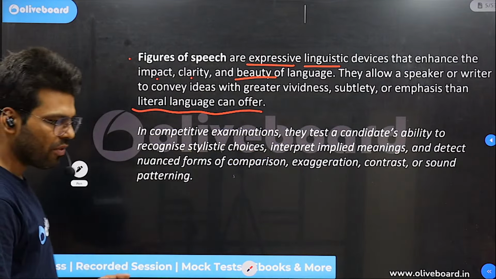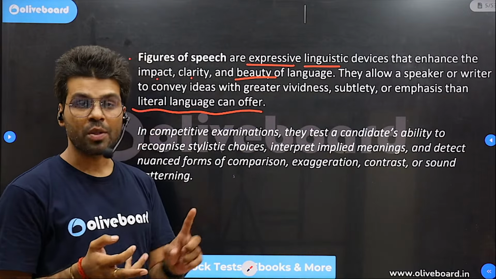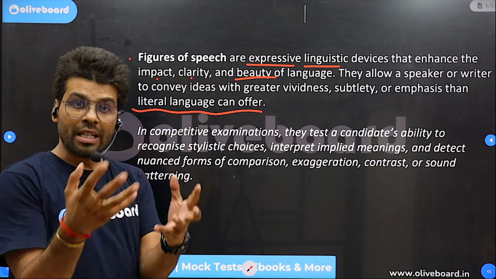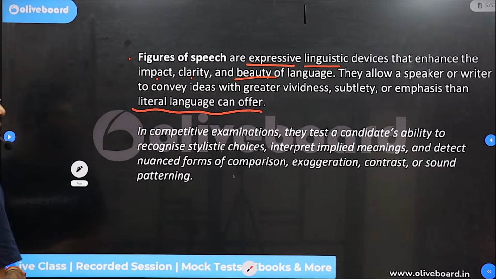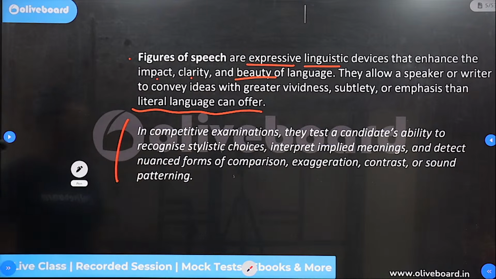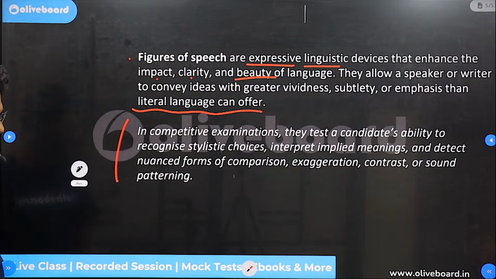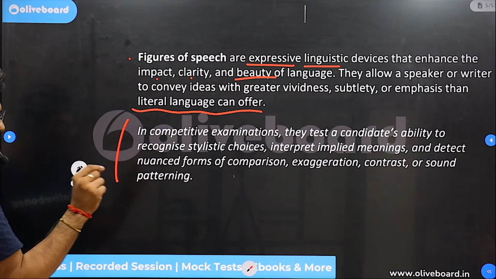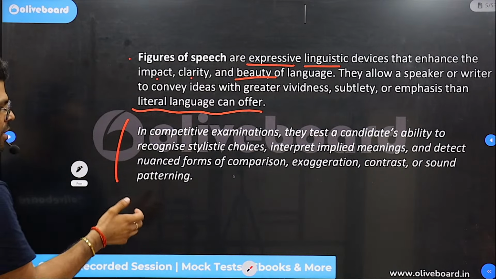I know you know many of these: simile, the first one; metaphor, the second one; personification; alliteration. SSC has asked a number of times, but we'll be discussing many of these. In examinations, they test a candidate's ability to recognize those stylistic choices, get the inferred meaning, and detect those nuanced forms of comparison or exaggeration or contrast or any such pattern.